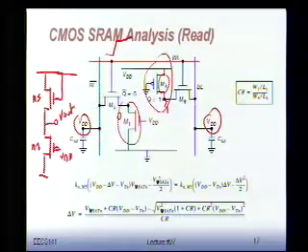Okay, so this structure should look familiar to you. Right? Remember it? Seen this way, way back, weeks and weeks ago. This is your saturated load NMOS inverter, which is a ratio device, as you remember. Right? The sizing of the transistor is going to matter.